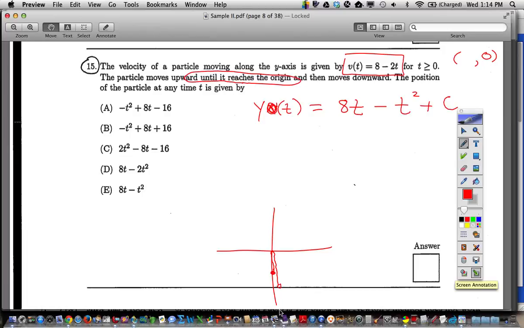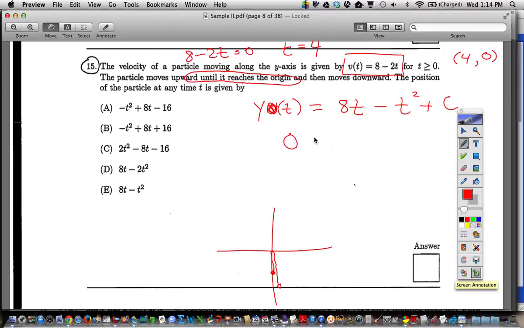So what happens when it turns around? Velocity is 0. So if we set the velocity equal to 0, we get t equals 4, right? So at 4 is when this thing turns around, which happens to be when it's at the origin, because that's what they told us. So we do have an initial condition. We know that at time 4, it has an output of 0.